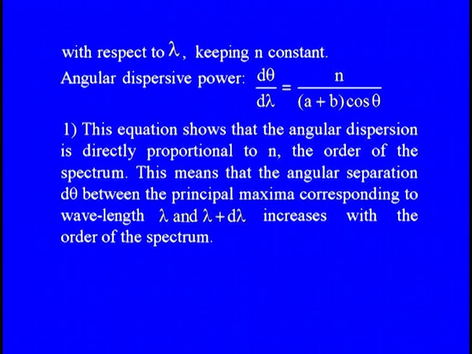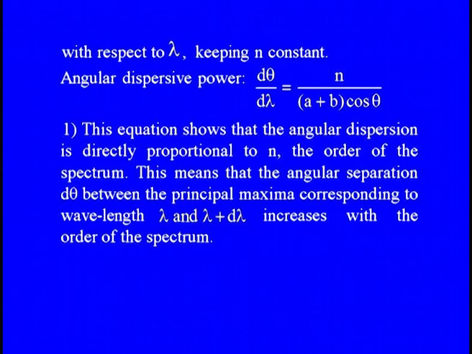So, the angular dispersive power d theta by d lambda will be equal to n upon (a + b) cos theta. This equation shows that the angular dispersion is directly proportional to n, the order of the spectrum.